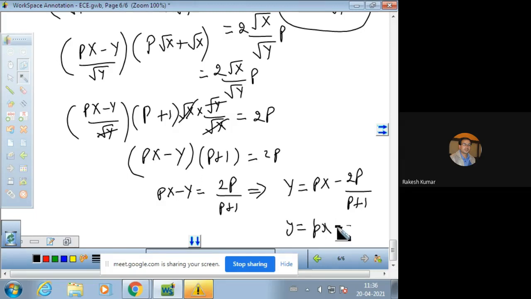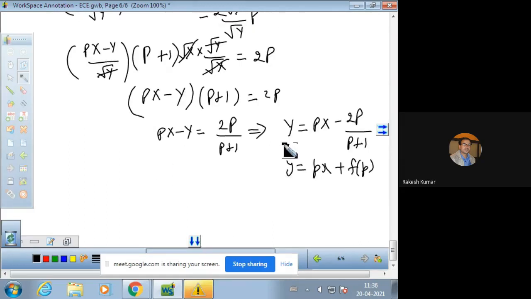So y equal to px plus a function of p. So you can directly write down the solution of a Clairaut equation, and its solution can be found by using the value of p as c. So y is equal to c into x minus 2c over c plus 1.